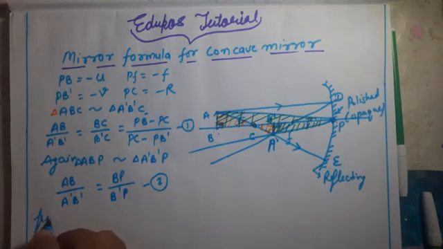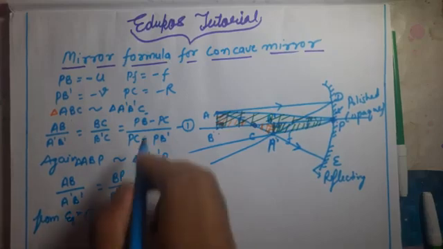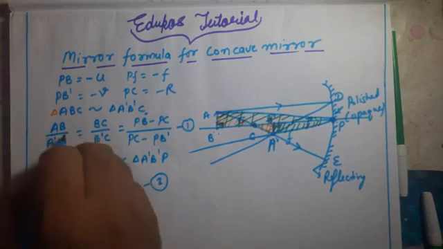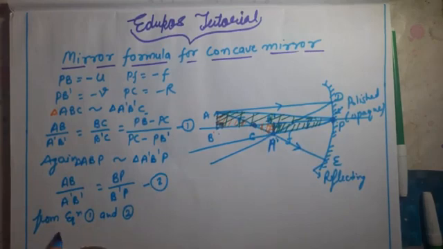So from the first and second equations, we can write AB divided by A dash B dash, these two expressions will be equal to each other.